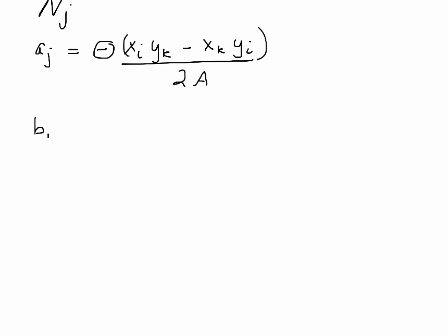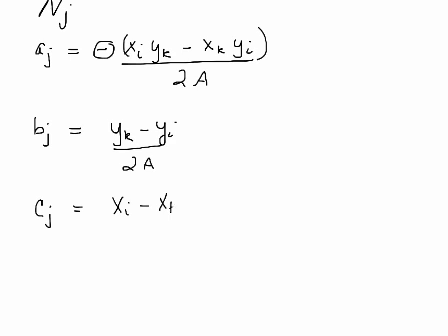And our bj is going to equal y of k minus y of i over 2a. And our c of j will equal x sub i minus x of k over 2a.